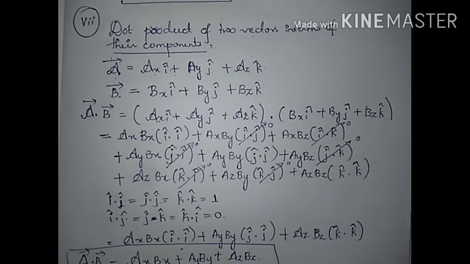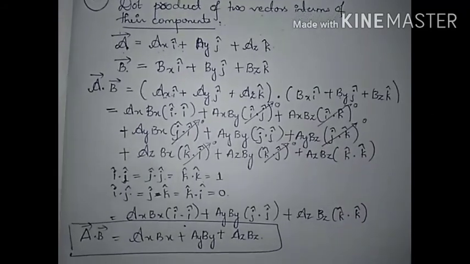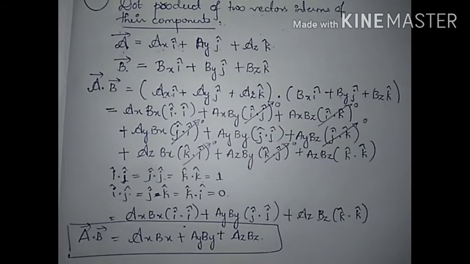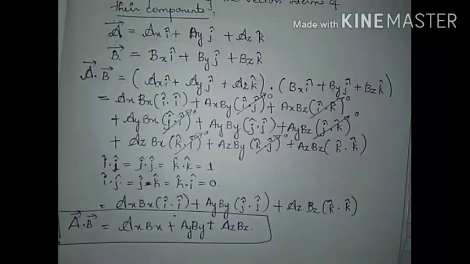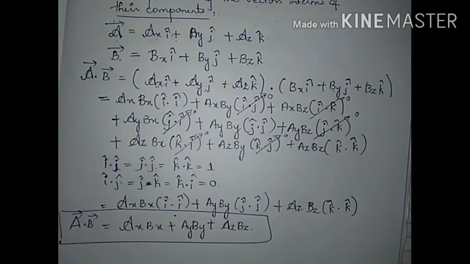In this we know from property 4 and 5 that i dot i is equal to j dot j is equal to k dot k is equal to 1, whereas i dot j, j dot k, k dot i is equal to 0.